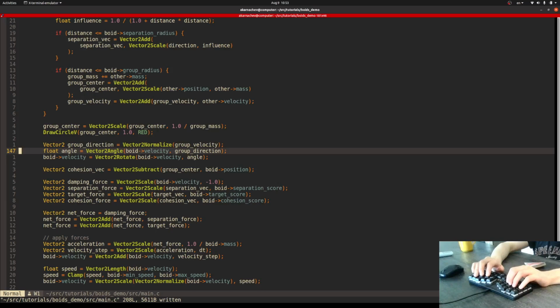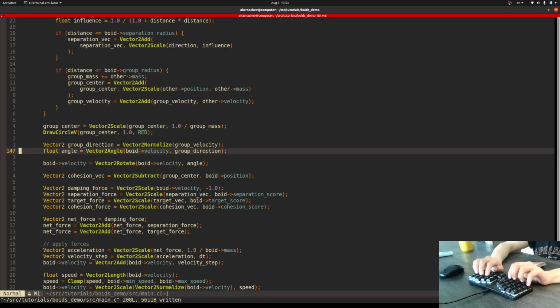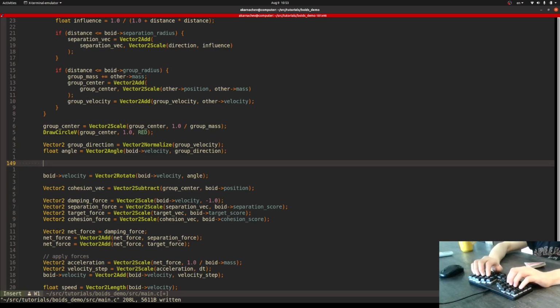I need to rotate by this angle, and I have some delta time. How many radians can I rotate by this delta time?